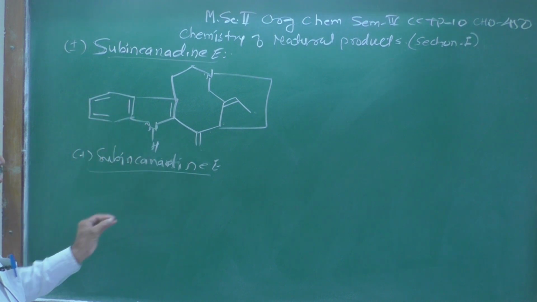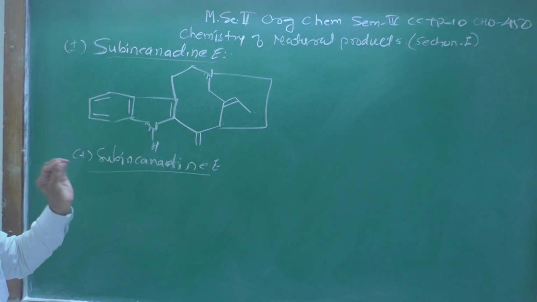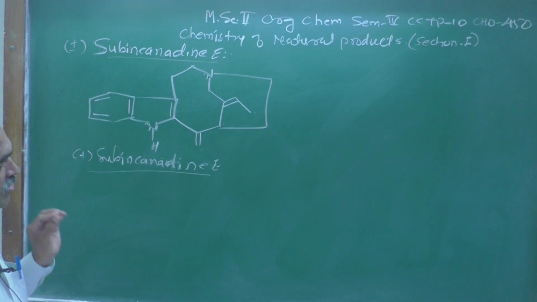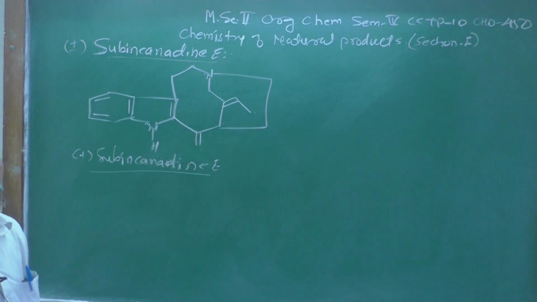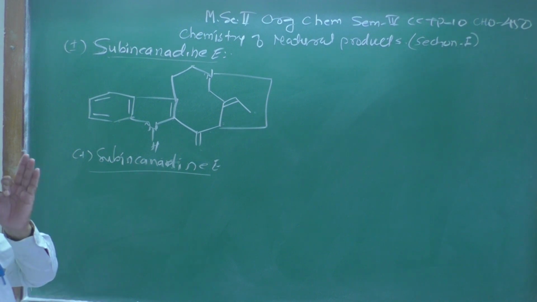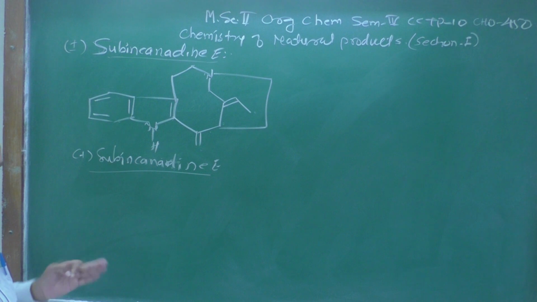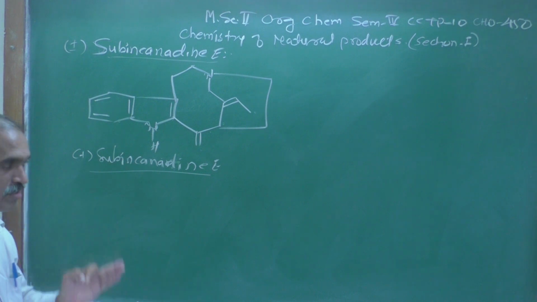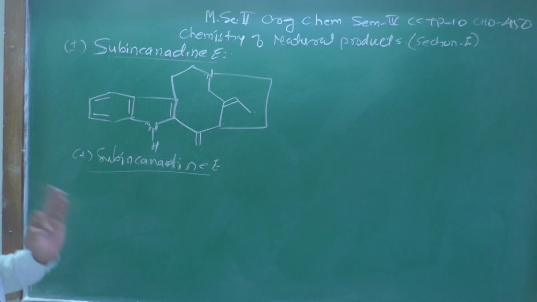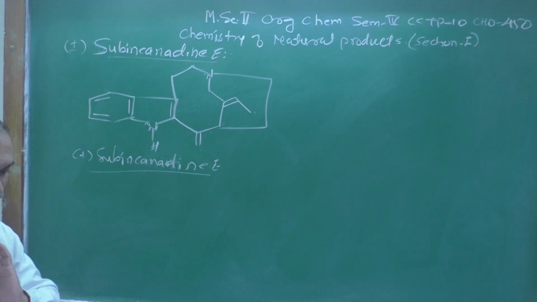If you observe this structure over here, how many chiral centers or stereogenic centers are present? Only one stereogenic center is present, and the authors, the scientists, are trying to determine the absolute configuration. Only one chiral center is there.